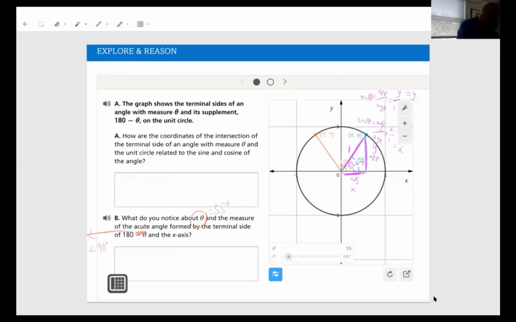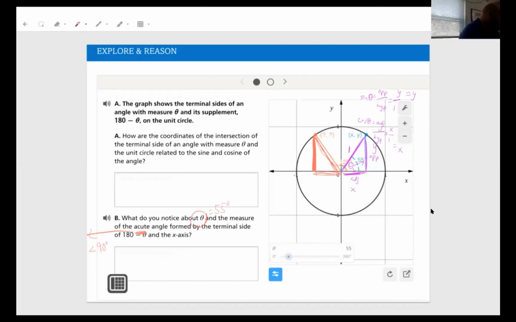The acute angle formed by the terminal side of the supplemental. So my supplemental angle is this red angle over here. So if I drop a line straight down to find my reference angle, hopefully you can see that this triangle right here is perfectly congruent and symmetrical to the purple triangle back in the first quadrant.